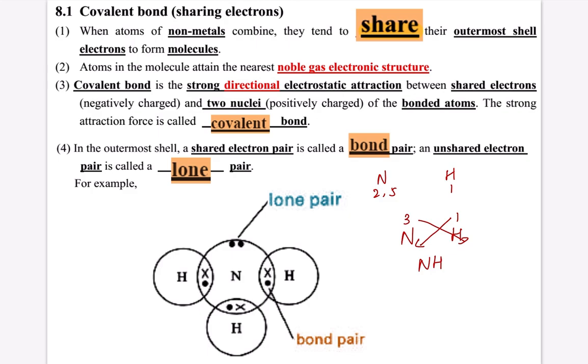So then cross, then go to H. So first of all, we can work out the formula of the compound by using this method. Using the number of electrons it needs on top, and then number of electrons for H, it needs 1, and then cross. After crossing, it will be NH3.